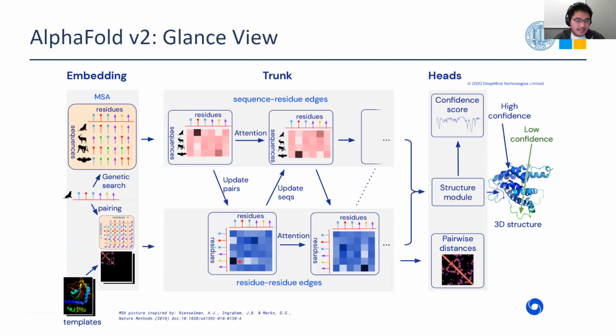The information might need to be updated from the two rows in the MSA part. And the updated residual information can also be forwarded to the MSA again. So that's where you can see update pairs and update sequences. So it's more like an iterative process. They mutually influence each other.